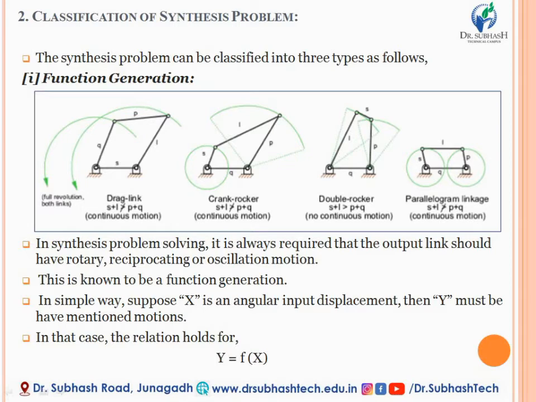So in function generation, the problem solving technique lies on two prime variations that play a very important role. One is the output motion: it could be oscillating motion, rotating motion, or reciprocating motion.